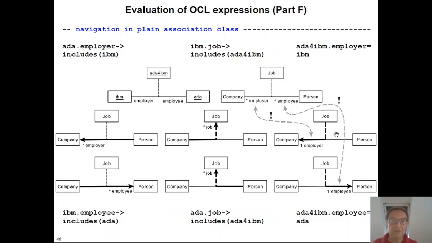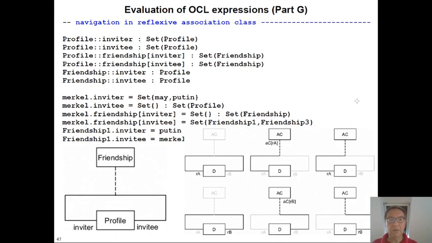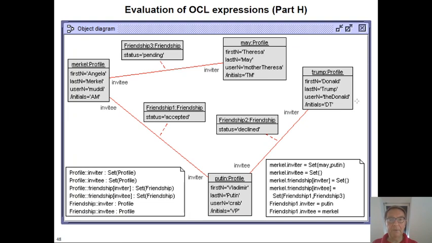In contrast to that, the navigation from the association class to the company is single valued, and also, of course, the navigation from the association class to the other participant here. Do we have an example here?